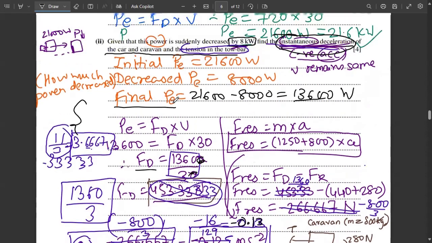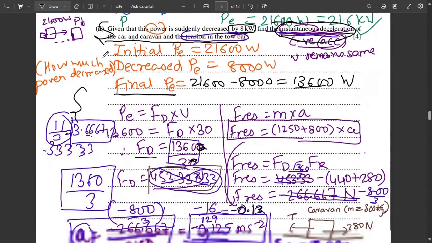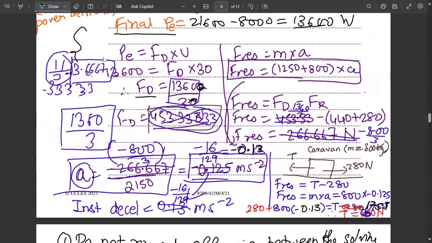But have they asked for it as an answer, to find the new driving force? No, they have not. So we have to use FD as 1360 upon 3, as it is. Anywhere I use FD, I can't use 453.333, the decimal version of FD, because this 33333 is never ending. I should only use 1360 upon 3.